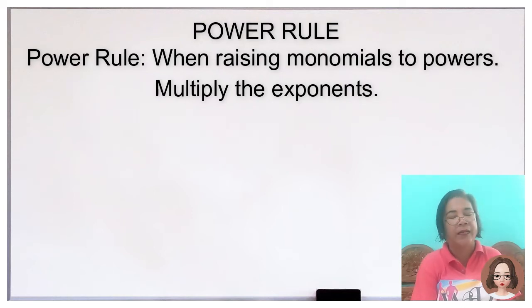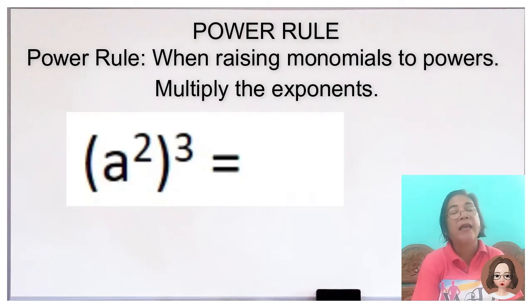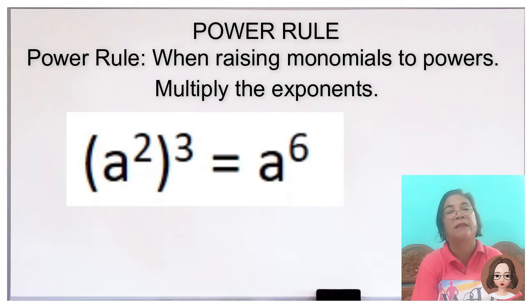Okay, let's have the example. A raised to the second, open and closed, raised to the third. So we now have an answer of a raised to the sixth. That is, 2 times 3 is equal to 6.